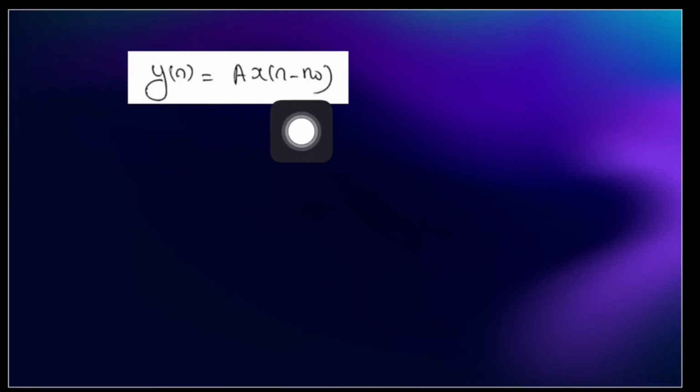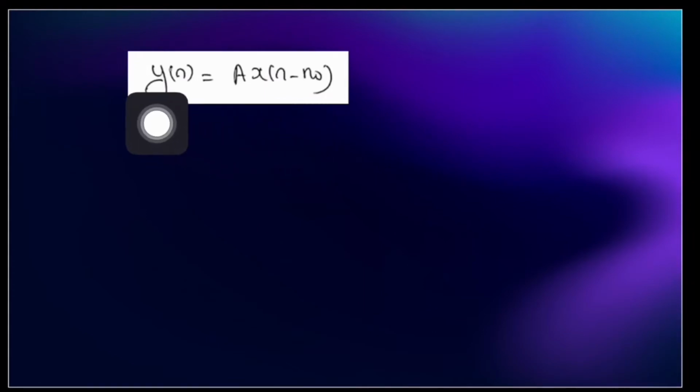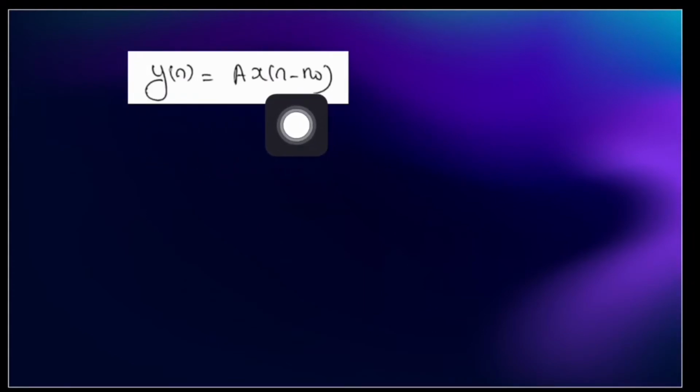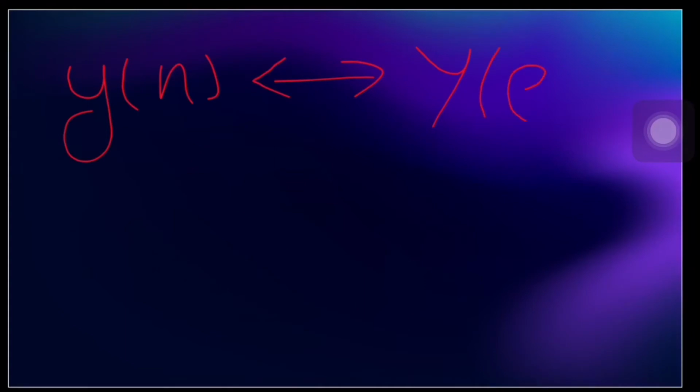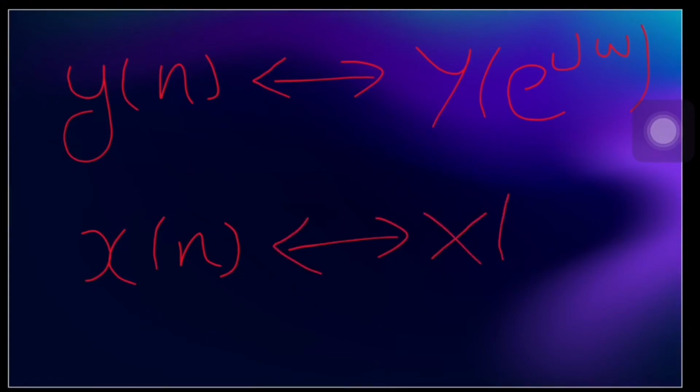Now we are going to take the Fourier transform on both sides of this equation. I hope you all know that the Fourier transform of y of n is represented as Y of e raised to j omega and that of x of n is represented as X of e raised to j omega.